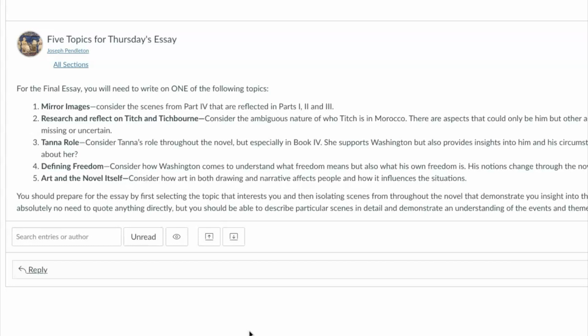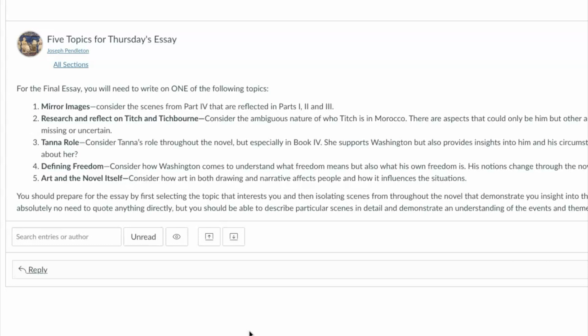And she clearly brought elements of the Tichborne case into her designing and development of Titch as a character within the novel. Again, it's not an absolute replica or an attempt to fictionalize a historical figure, but it's also clearly indebted to the Tichborne case, which was about 30 years after Washington Black is set.